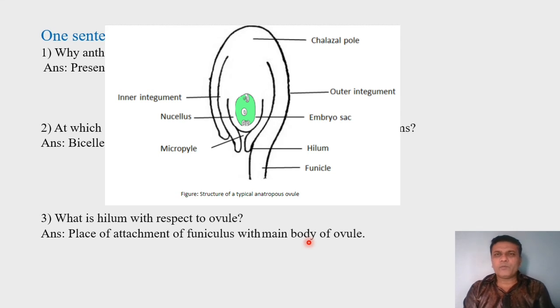So in this diagram we can see anatropous ovule and hilum, that is, it is the point of attachment where the funicle attaches to the body of the ovule.